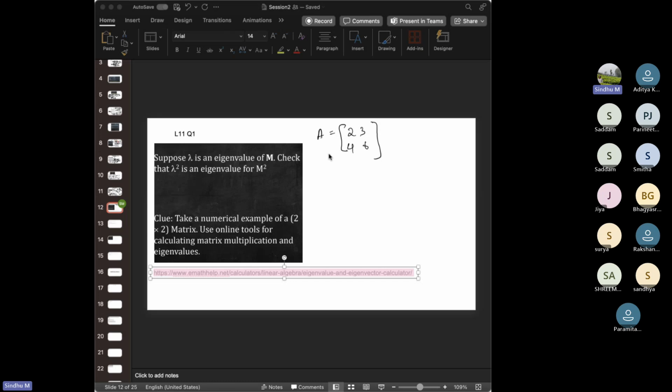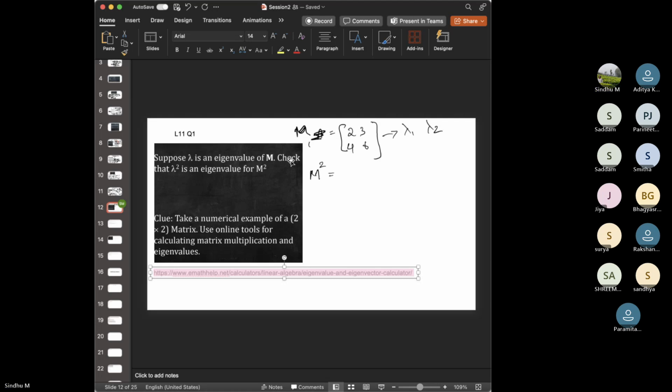By entering the values of this matrix, M, you will get the eigenvalues. And then find the lambda for this. Then we have to find M square and find the lambda for that as well using this online tool.